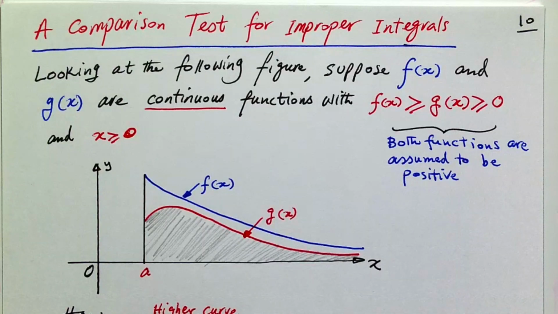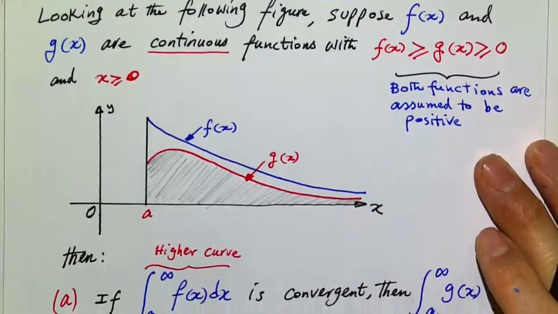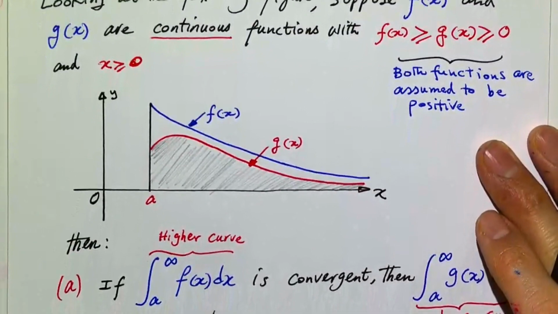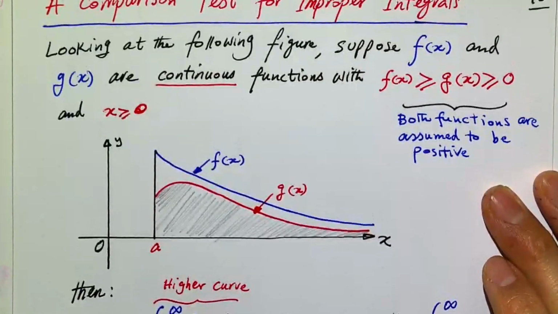It can't be just any function that is easier to integrate. That easier function has to be connected to this more complicated function that we have to integrate and decide whether it converges or diverges. So that's the first and most important step in this comparison test.